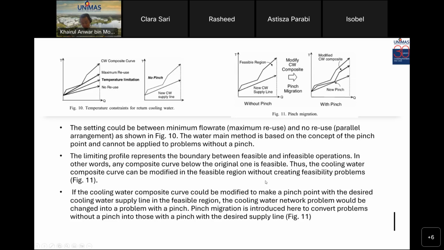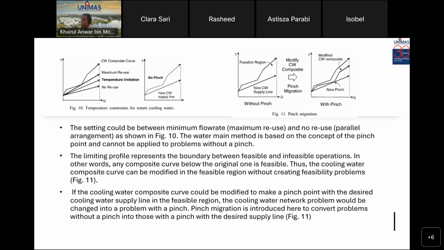So we still need a pinch, but because the new cooling water supply line is not near the composite curve, we need the pinch migration. Pinch migration is introduced here to convert a problem without a pinch into one with a pinch with the desired supply line.